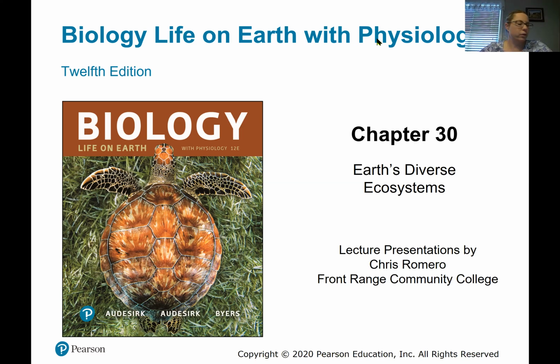Okay, so this chapter, chapter 30, gets into talking about different ecosystems. So we started out talking about population ecology, and then we moved into community ecology. And now we're going to talk a little bit about the ecosystems. And so ecosystems are basically communities plus the non-living environment.